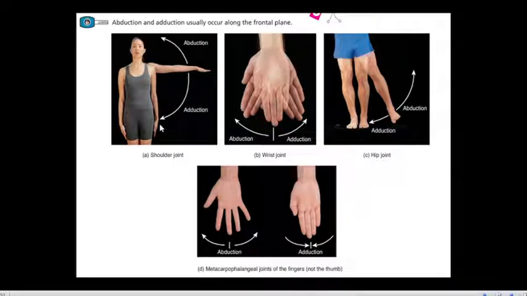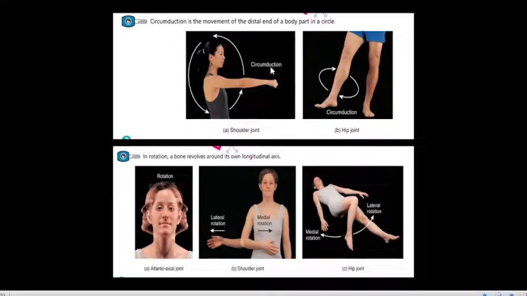Papuntang midline is adduction, and then palayo ng midline is abduction. So, when you're increasing the angle, no, from 0 to 90 degree, for example, nakataas ang kamay mo, that is abduction. If you're lowering your arm, that is decreasing the angle, so adduction. And then lastly, circumduction. So, you are just performing rotation of the body parts.